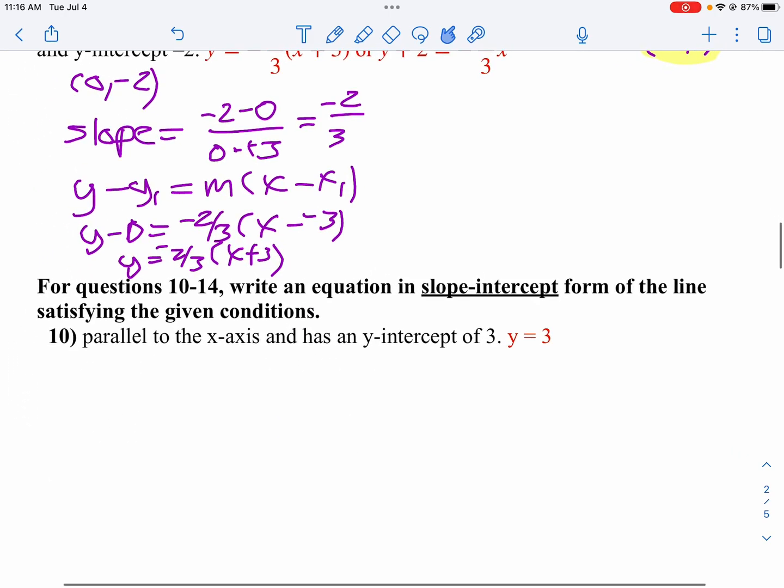Okay. On number 14, I want to write an equation in slope-intercept form for the line that's parallel to the x-axis and has a y-intercept of 3. Well, let's visualize that. So it has a y-intercept of 3.